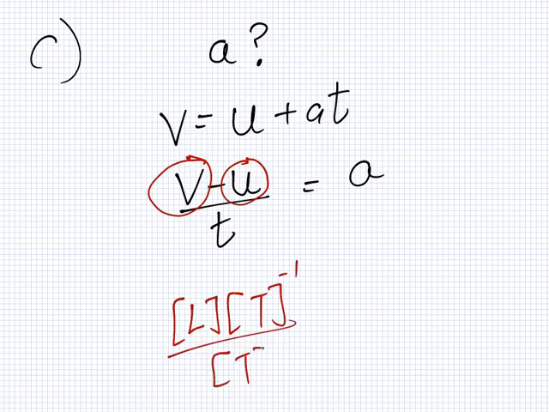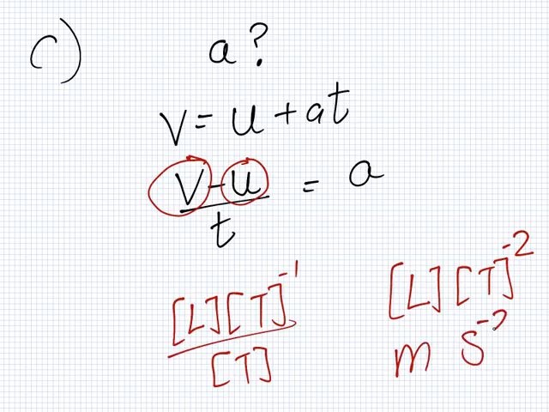Time. So in total, we get length per time to the power minus 2, or in other words, meter per second squared, which should sound familiar if you've studied it before. So this one is getting a little bit trickier now, but that's one way to do it.